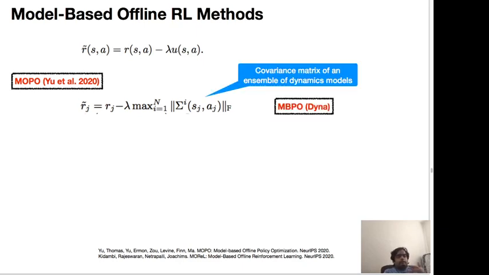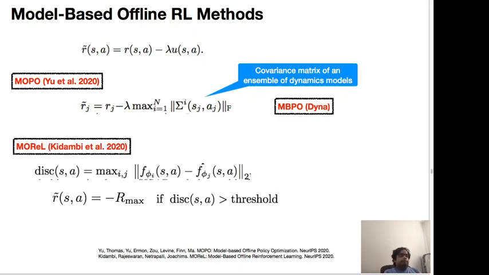And then it uses MBPO or a Dyna-style algorithm to do the model-based planning part. The second method that we'll cover is the MOReL approach, which is similar to MOPO at a high level, but it is instantiated in a very different way.